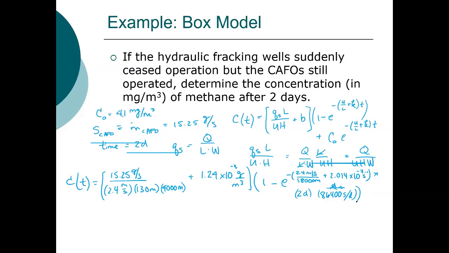The second term is 4.1 times 10 to the minus 3. Again, make sure your units are in grams, not milligrams. And we're going to multiply that by e to the minus, and I'm just going to put a parenthesis. That's the same term that exists in the previous term.